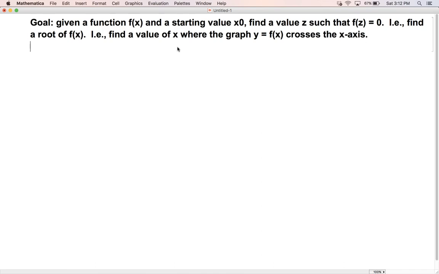And what's the idea? We're going to set x1 to be x0 minus f of x0 divided by f prime of x0.